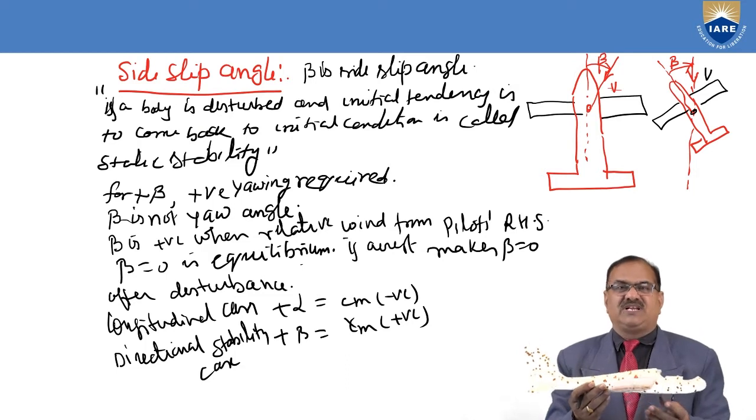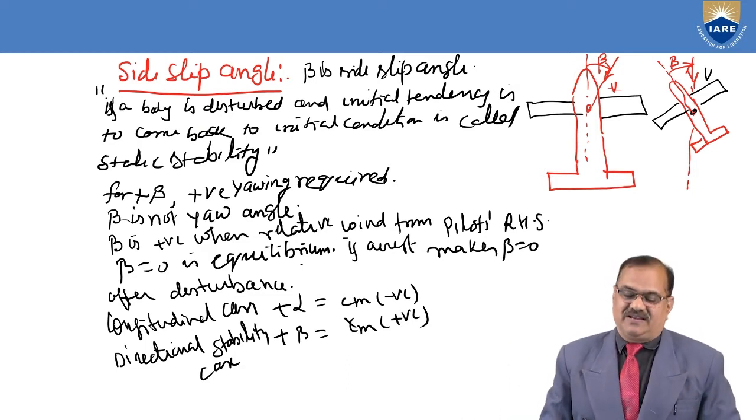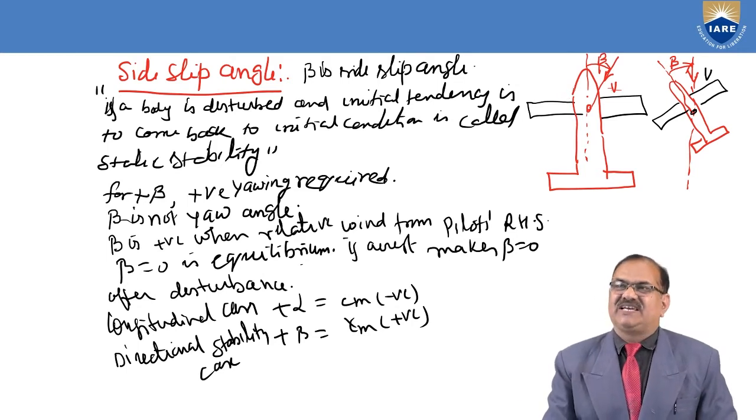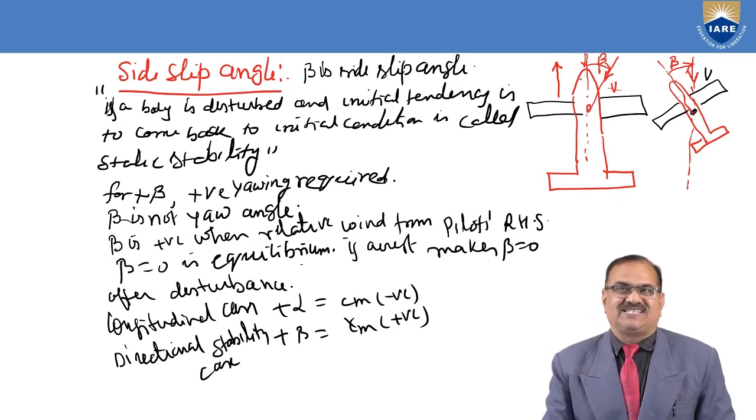In directional motion, we have to look at the side slip angle. You can see in this diagram that when this aircraft is flying in a straight line, moving in this way, and the wind is also moving from here to here, there is no side slip angle.